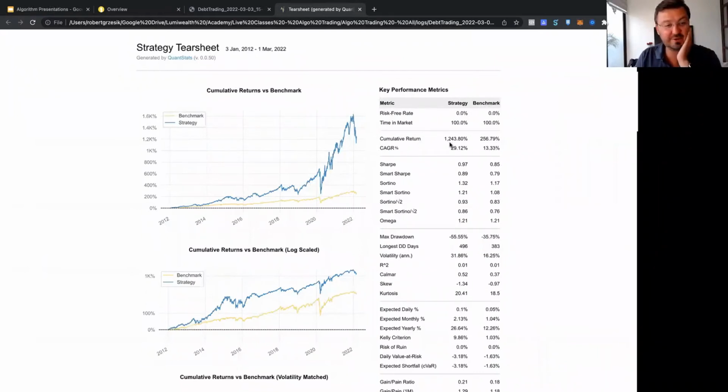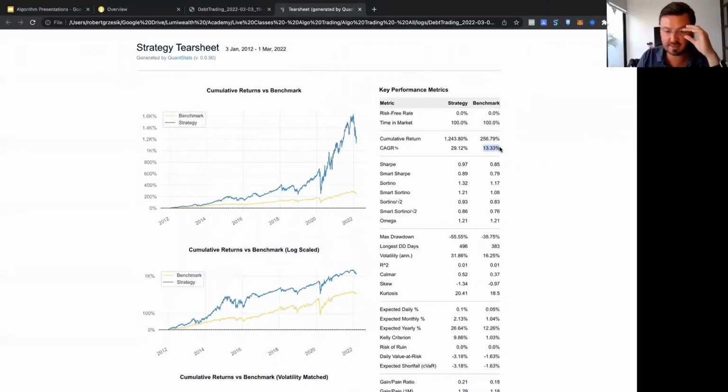Wow, this is even better than I thought it was. Over this time period, the S&P 500 would have made 256% returns for you, which is about 13% a year.